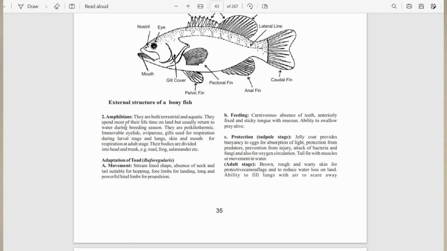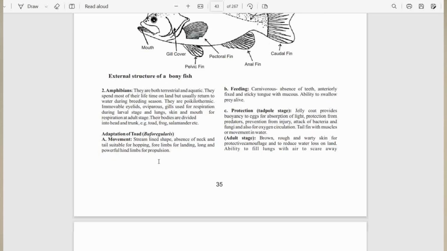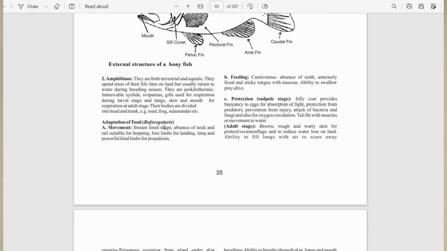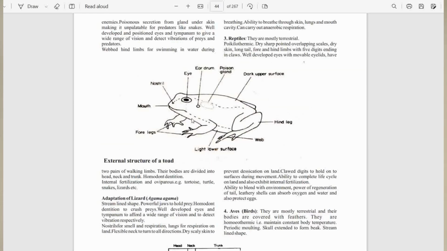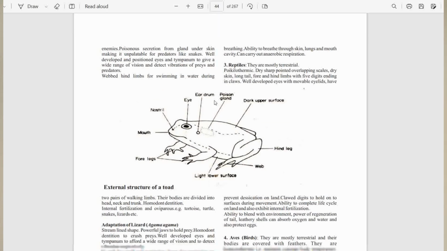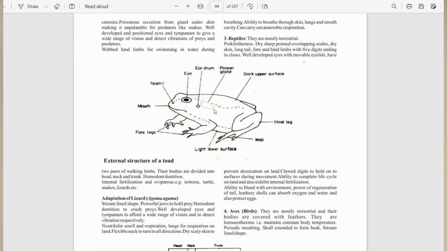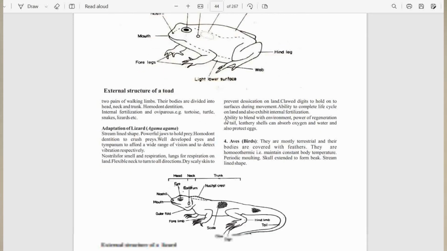Then if we go to amphibians, you should also be able to have a representative organism. So take note, for example, in the amphibians, the representative organism would be the toad. Now you should be able to tell the labelings of this toad, where is the position of the poison gland, the position of the tympanic membrane, and many more.